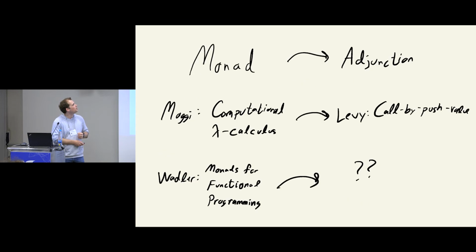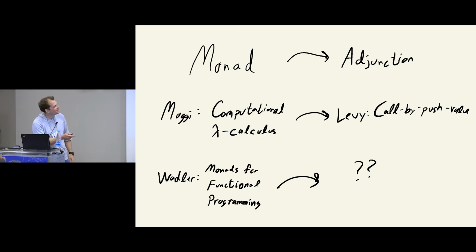And so based on this generalization from monads to call by push value, we can generalize from the syntax of programming languages with monads to those with adjunctions, okay? So if we go back to the early 90s, late 80s, we have Moggi's computational lambda calculus, which was basically lambda calculus with an abstract monad in it on a Cartesian closed category.